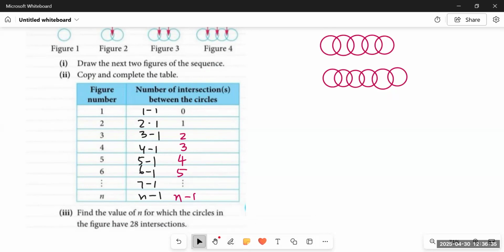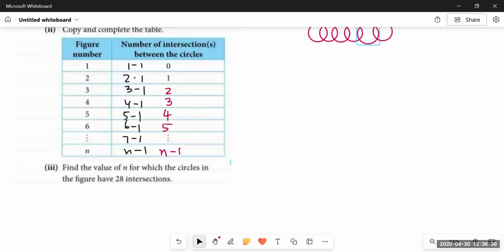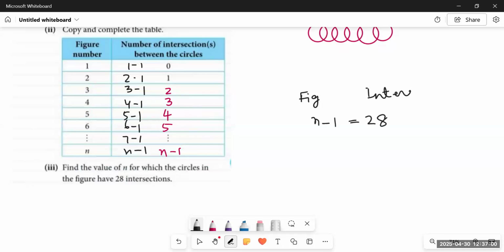Now in part 3, they are saying find the value of n for which the circles in the figure have 28 intersections. You see, n represents the figure number. They are basically asking about the figure number and telling us the number of intersections.